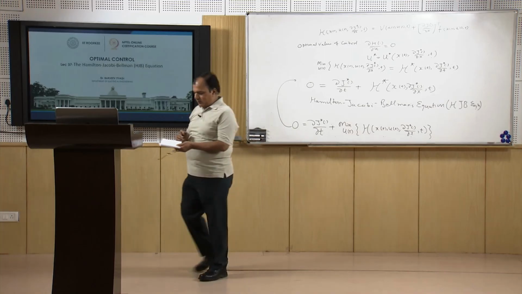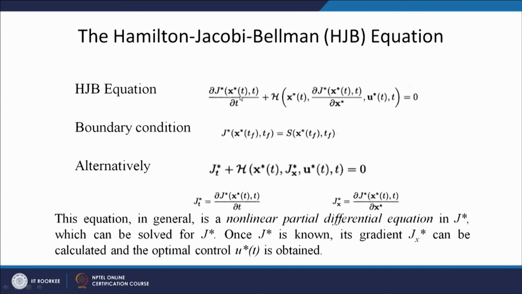So we got del j star of x star, t by del t plus h of x star, del j star by del x, t, u star, t, because u is replaced by the optimal value of u. This is nothing but my HJB equation. And what was my boundary condition?